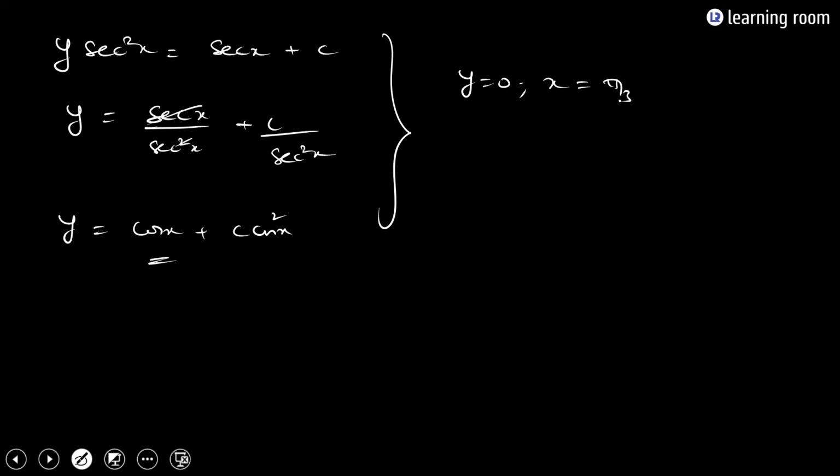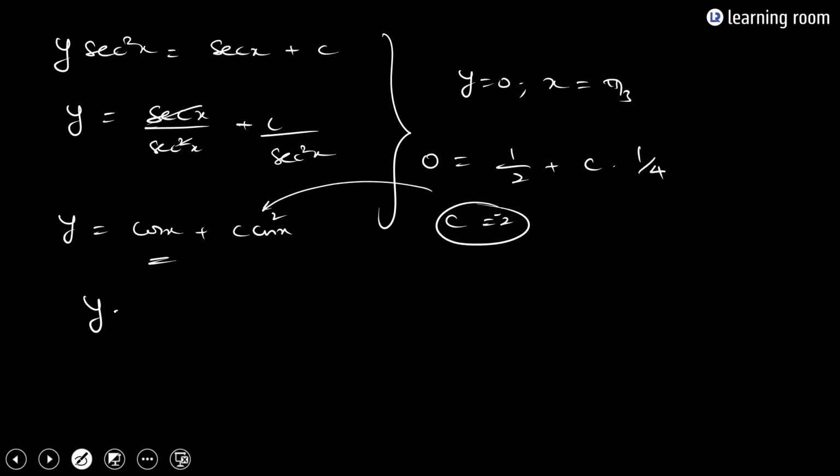So substituting, 0 is equal to cos pi by 3, which is half, plus c into cos square pi by 3, which is 1 by 4. So c will be equal to minus 2. When minus 2 is substituted here, y will be equal to cos x minus 2 cos square x.